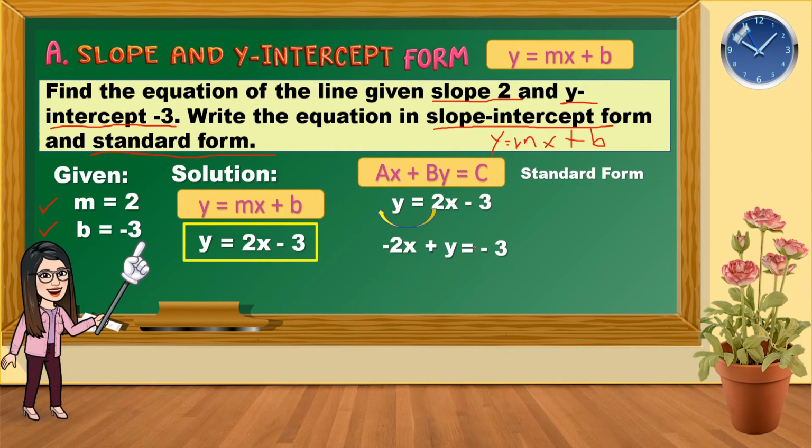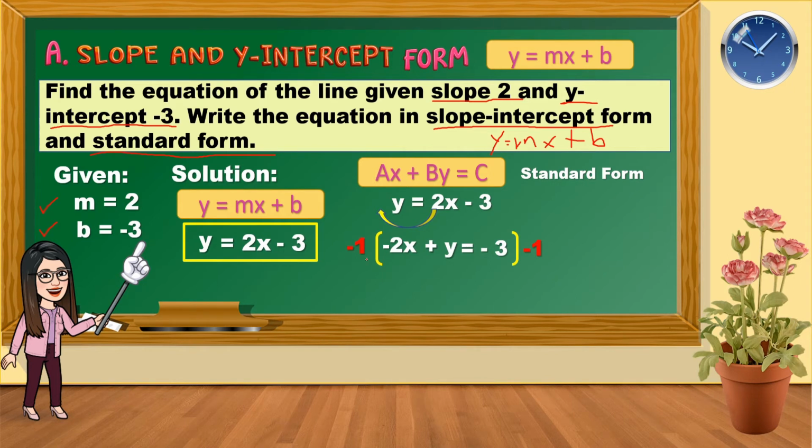The coefficient of our x here is negative 2. So, ang gagawin natin is, we will make x positive. Okay? So, yung ating standard form, gagawin natin positive si 2x. So, how do we make this positive? So, ang gagawin lang natin is, we will multiply both sides of the equation by negative 1.